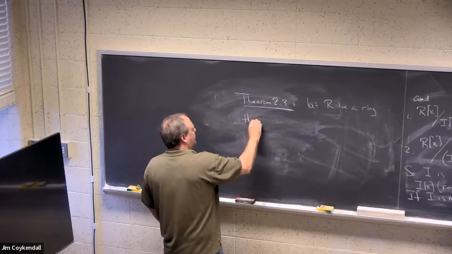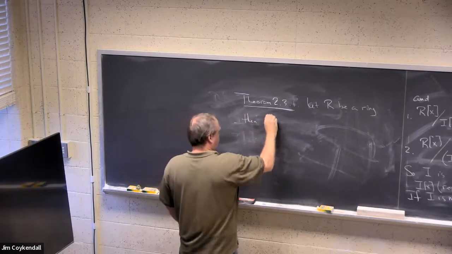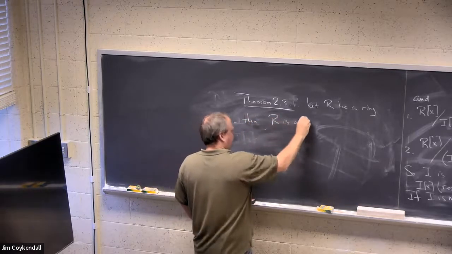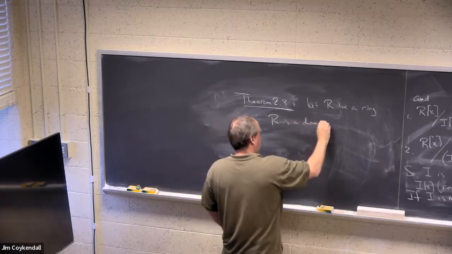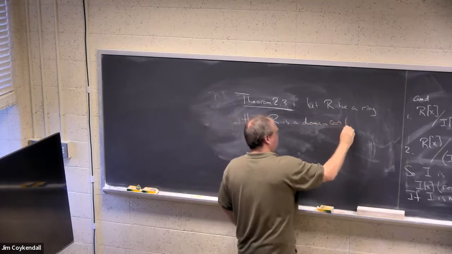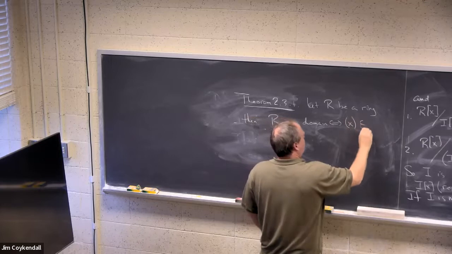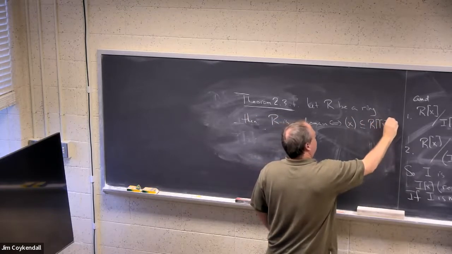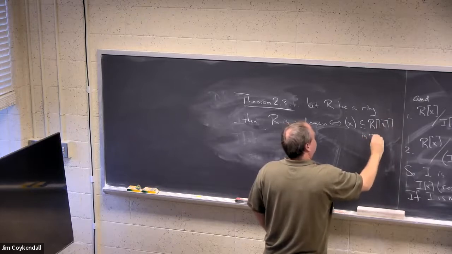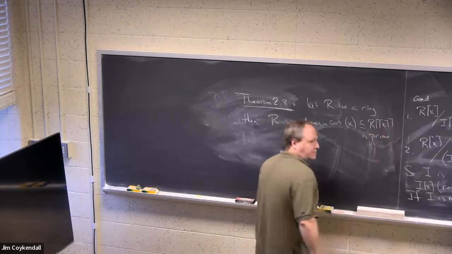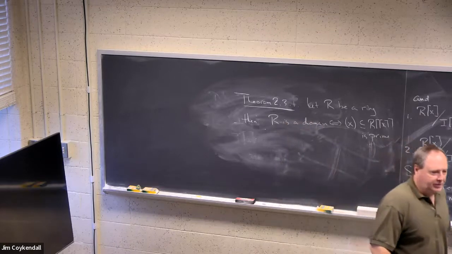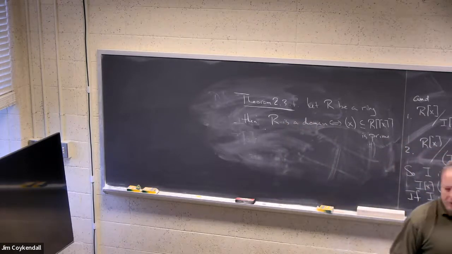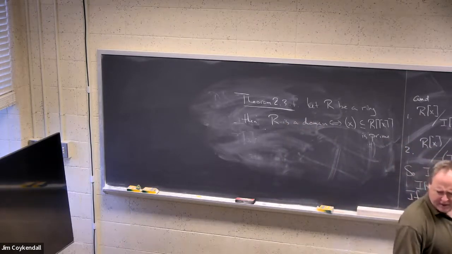Then R is a domain if and only if the ideal generated by x in R[[x]] is prime. And the proof of this is basically the same. Just do a homomorphism with the kernel.